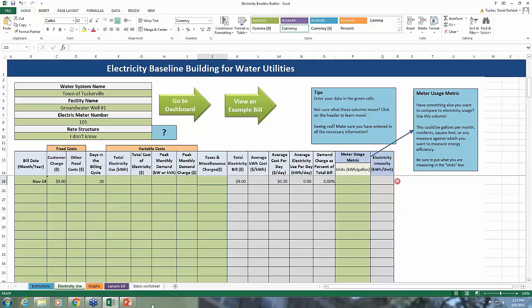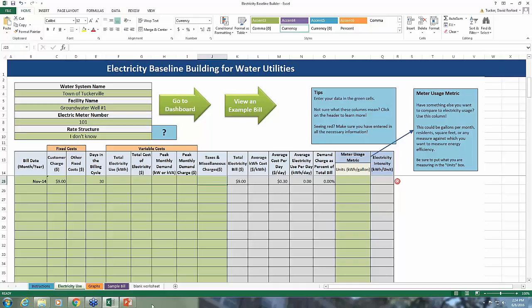But if you do have any control over it, if you have any choice of electric providers, by filling out separate copies of this spreadsheet and looking more closely at your bills, you might find that one of them really suits your needs better in terms of the electric rate structure you're under and the cost provided, and you might only want to get onto one of them instead of both of them. But in some cases, you will not have that choice available to you.